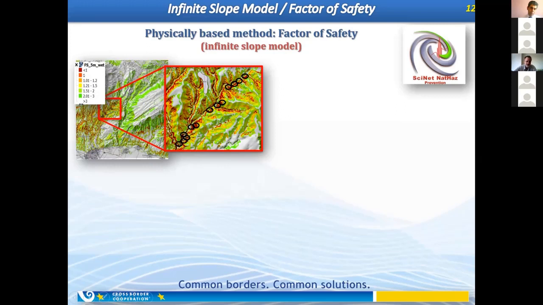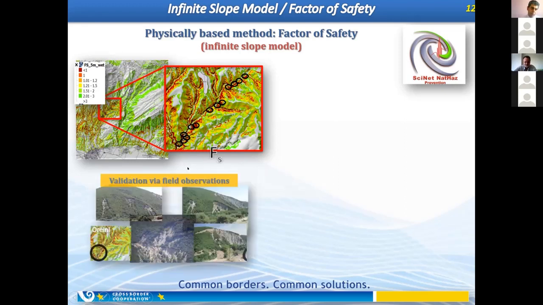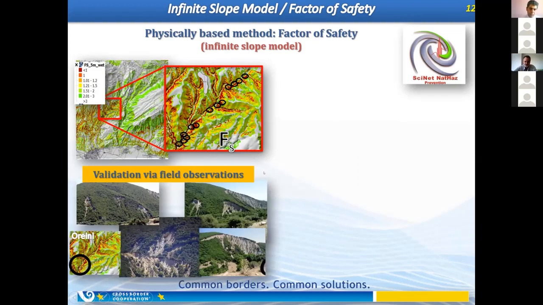The red part is a safety factor of 1 or less than 1, meaning that we have a landslide, the slope is not stable, and the green means that we have a factor of safety more than 1.5, meaning that the slope is stable. What you see in black open circles are the field observations where this method has been validated.